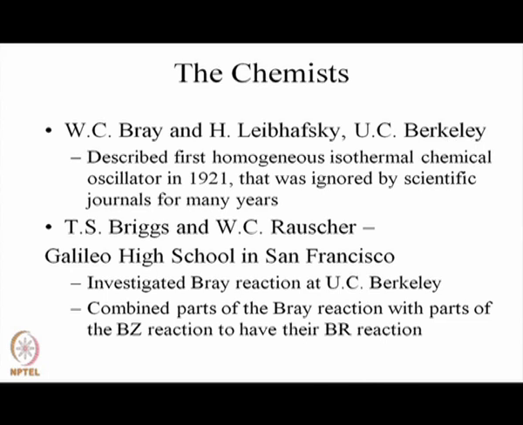Later on means not in 1950, but before 1950, in 1921, and this was ignored by scientific journals for many years. Means before Belousov, the first description of homogeneous isothermal chemical oscillation was in 1921 by Bray and Liebhafsky.